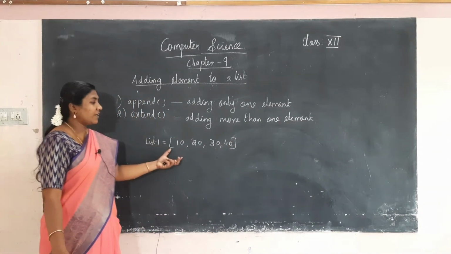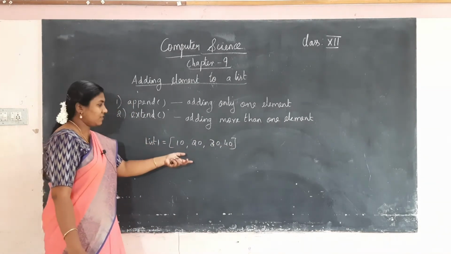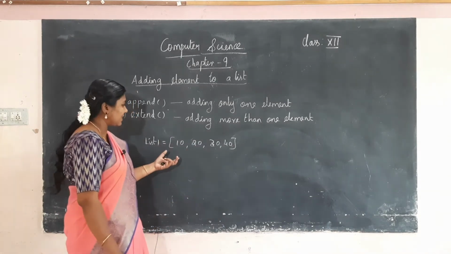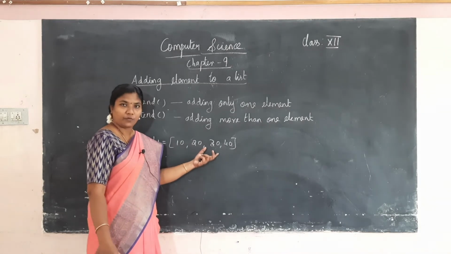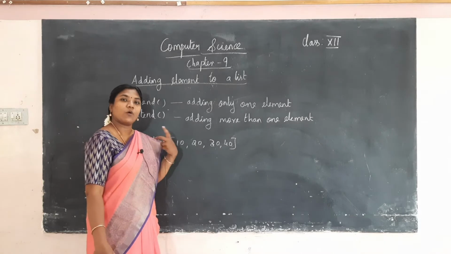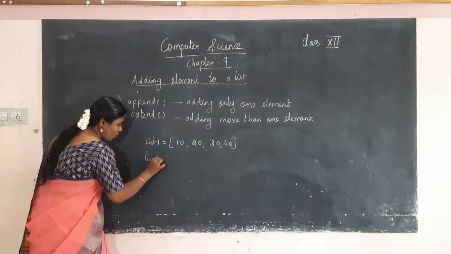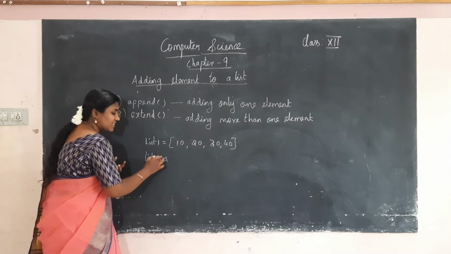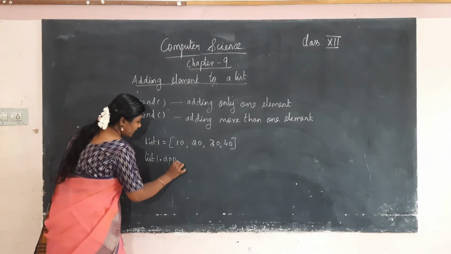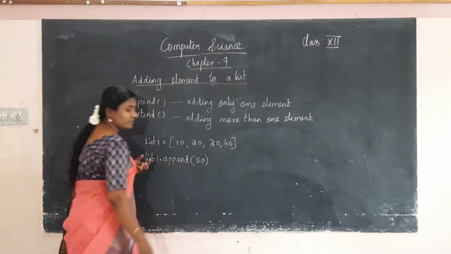Consider these as the marks of 4 students. Suppose I have 5 students in a class and I want to add another element. Then how can I add? list1 dot, for whichever list you are going to add the extra element. So list1.append, and whichever element you are going to add. Let me have 50. Clear?